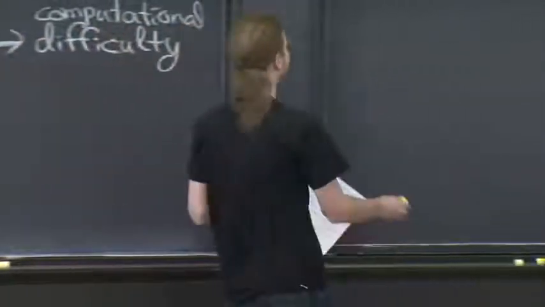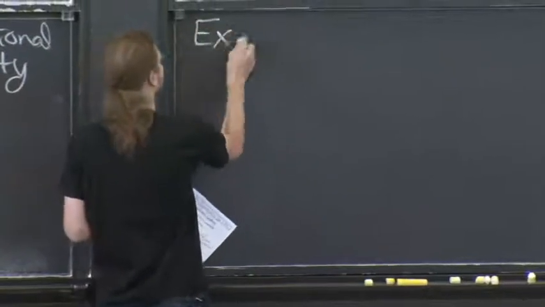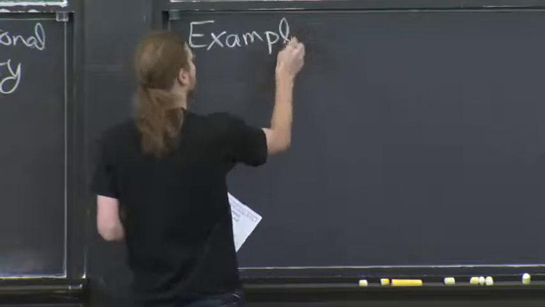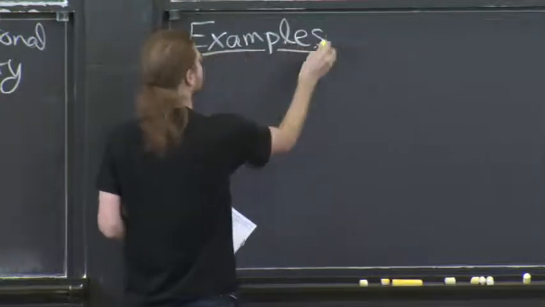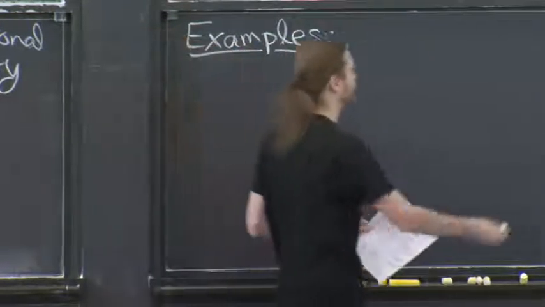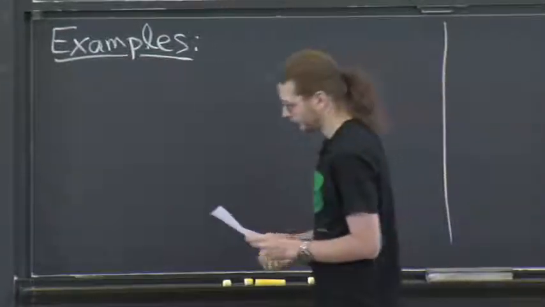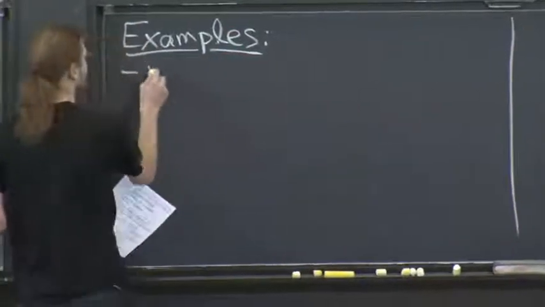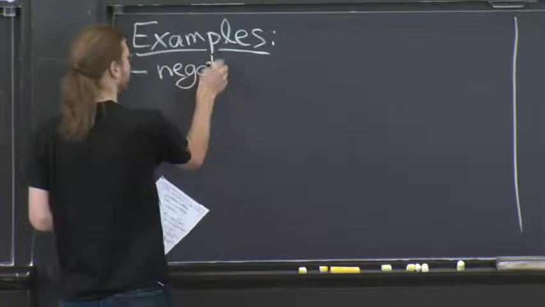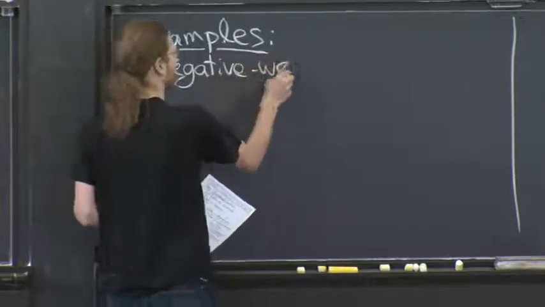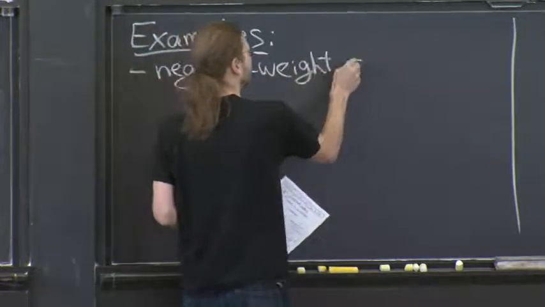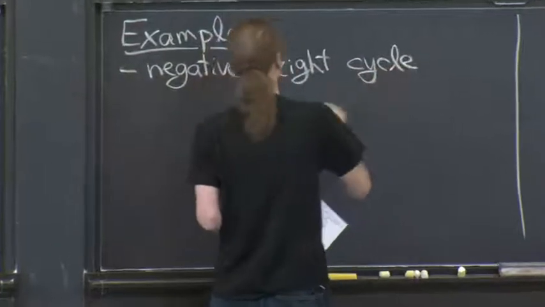So let me start with some examples before we get to that proof. Some running examples, some things we've seen. So here's an example of a problem we've seen. Negative weight cycle detection.